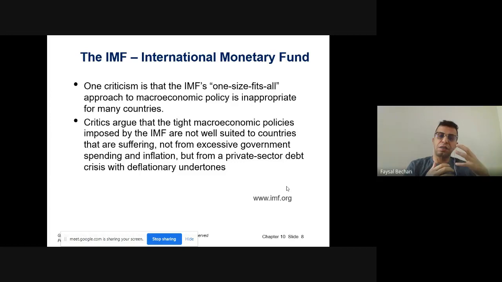So it's not necessarily a macro-level problem when a country has a problem. It could be on the macro level of government issues, or it could be on the level of private businesses. But what the IMF does is really look at one thing, always the macro level of the government, and how the government is supposed to solve the problem.